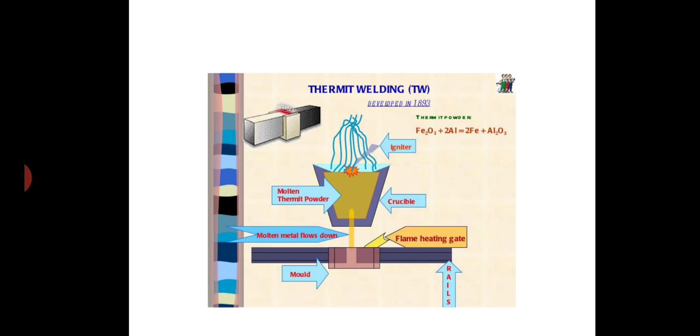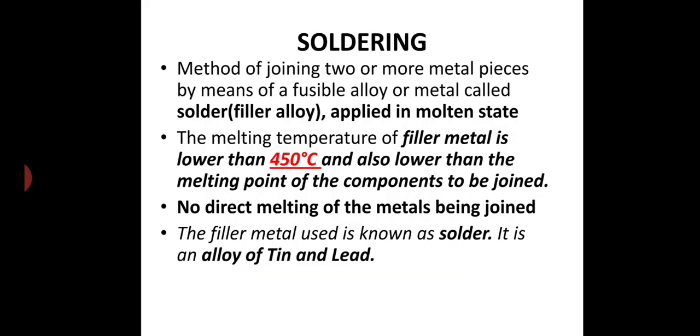We can move to the other two conventionally used metal joining processes, soldering and brazing. In soldering, you can join two or more metal pieces. The difference is that in welding we are melting the components to be joined, but here you are not melting the components to be joined.